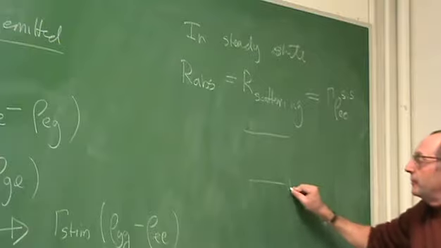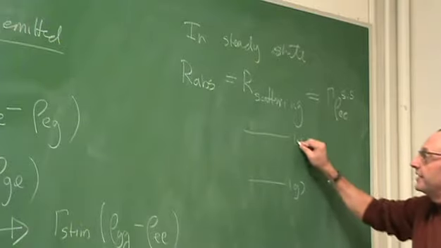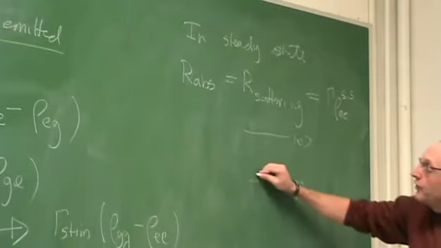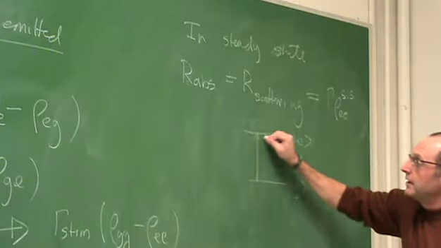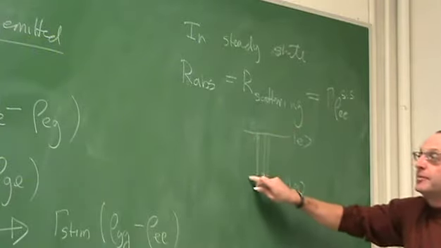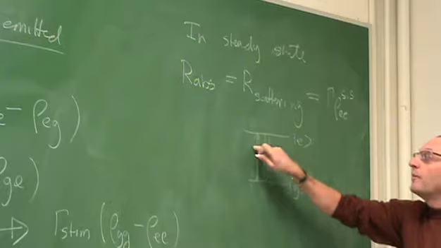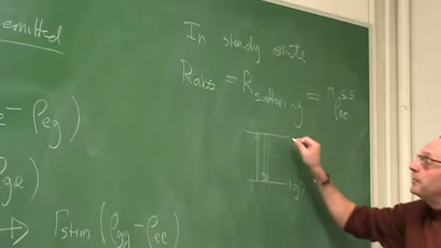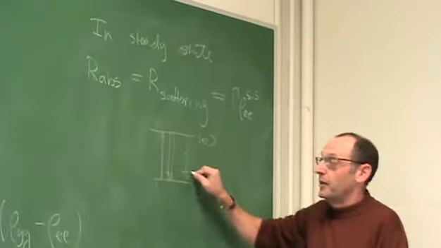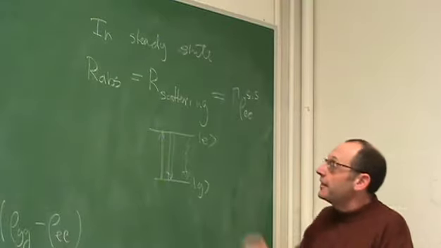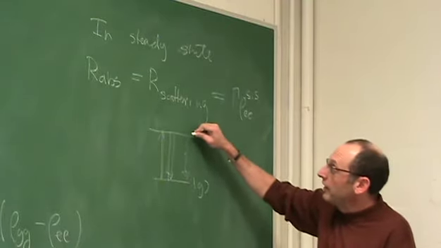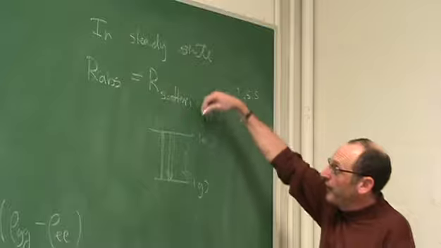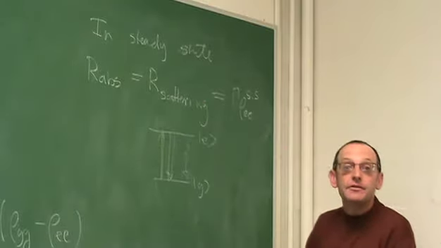Here's the picture. We have the ground state, we have the excited state. We're driving the system. If we just had stimulated emission, everything would go from the beam back into the beam. But some of the light goes elsewhere. The amount that goes elsewhere is equal to the rate at which spontaneous emission happens.